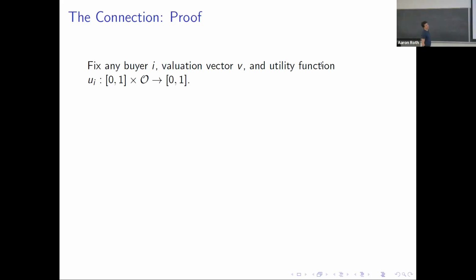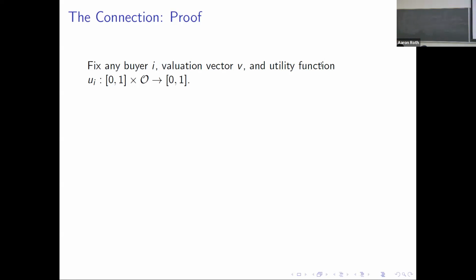So remember what we need to show. There are all these buyers and they might have utility functions we don't know about, but the utility functions map their own value and the outcome to some number between 0 and 1. Their utility function depends on two things: their value, which they have no ability to change, like they were born with it, and the outcome of the mechanism. The outcome of the mechanism is the thing they can potentially try to change.